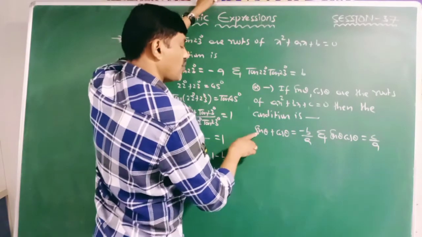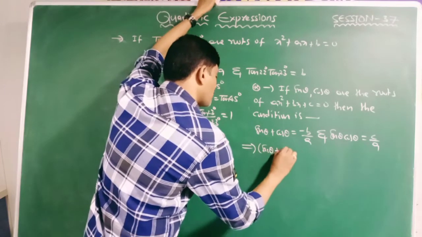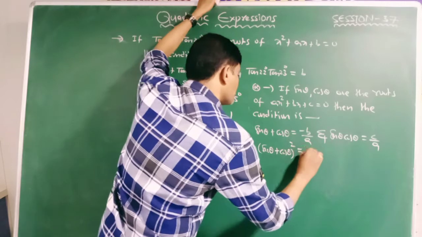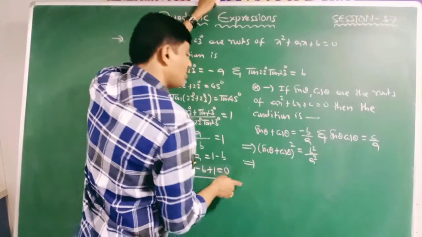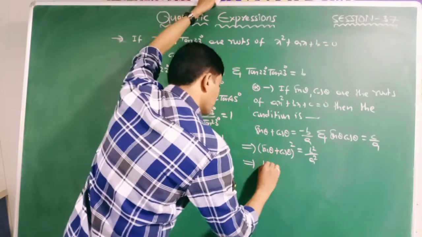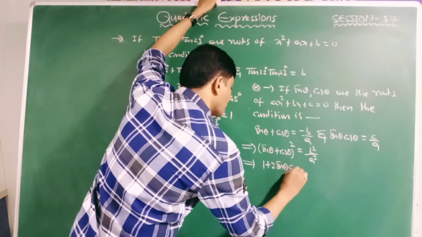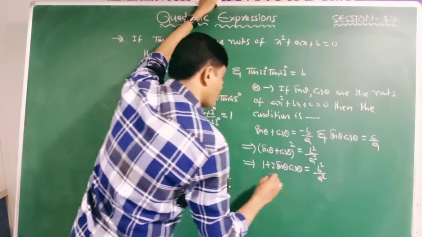Now squaring both sides, sin theta plus cos theta whole square is equal to b square by a square. Yes, now once you expand, sin square theta plus cos square theta is 1, plus 2 sin theta cos theta is equal to b square by a square.